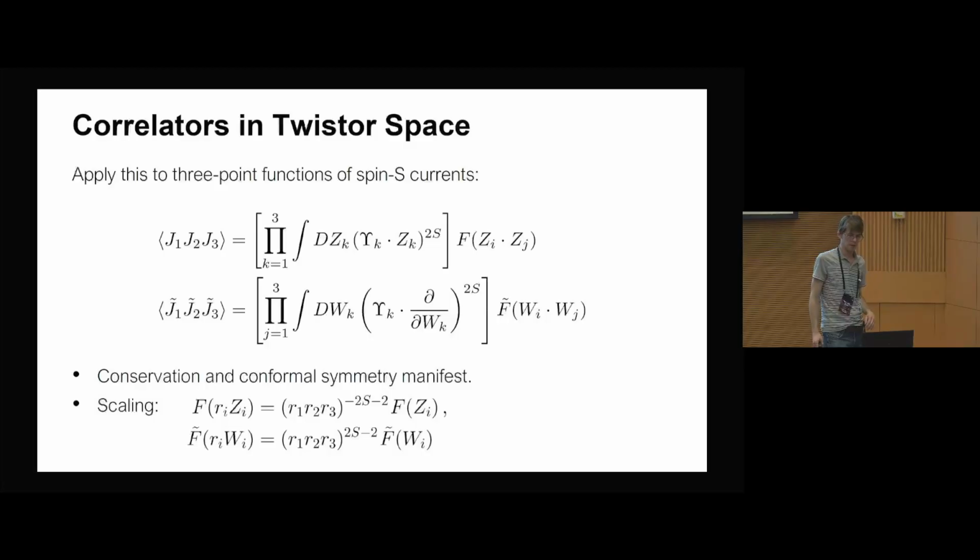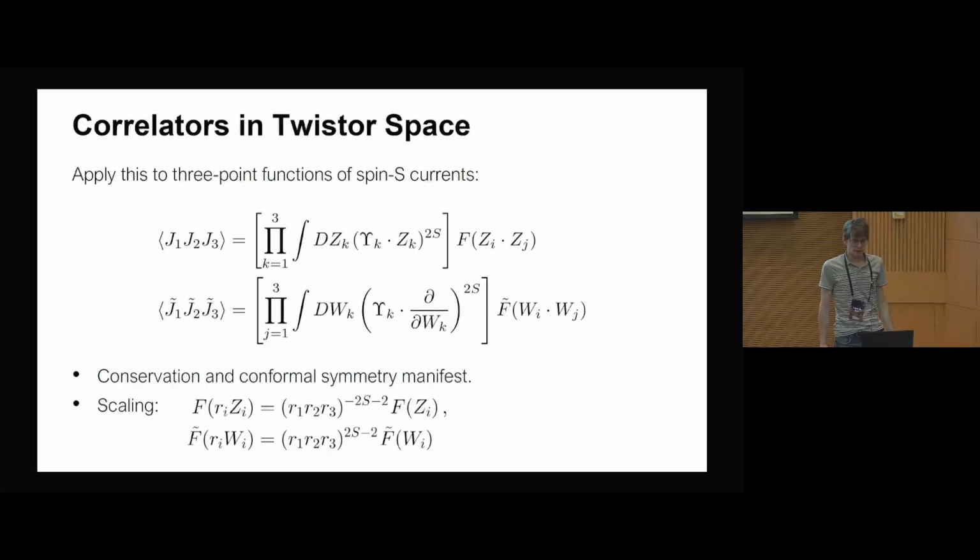Great, but as we can see, since all constraints are manifest and are trivialized in the language of twistors, the right language to talk about these objects would be just at the level of the integrand of this representation. Great.